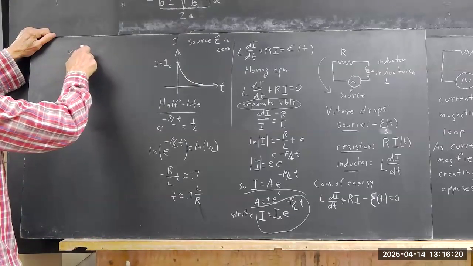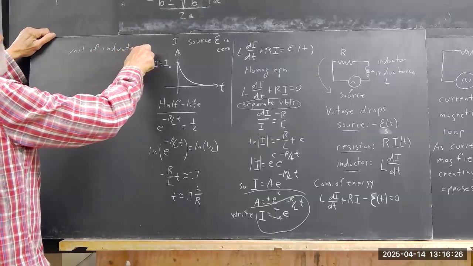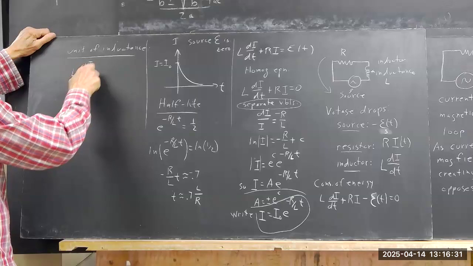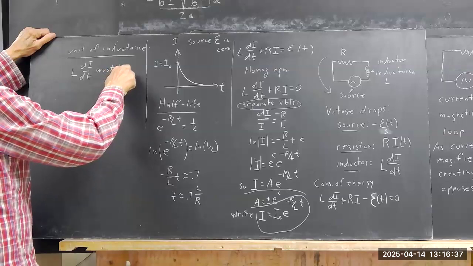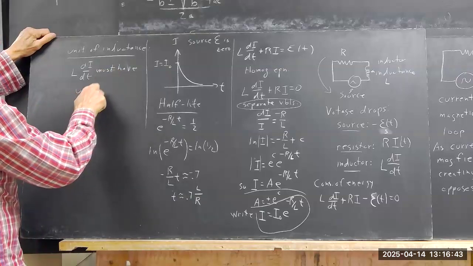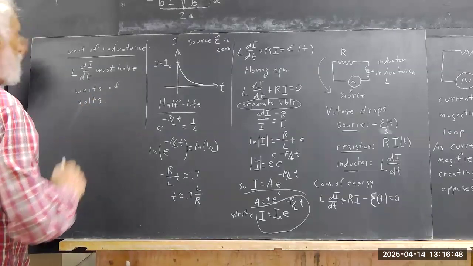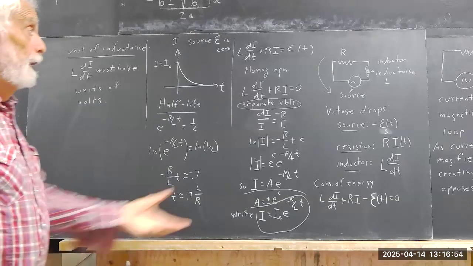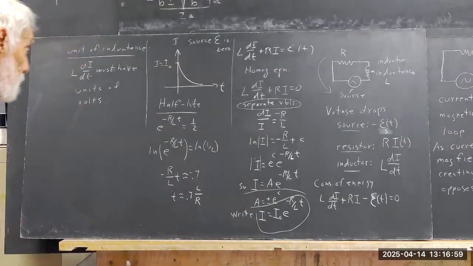Okay, so the unit of inductance. Well, L di dt must have units of volts, right? Because L di dt is the back EMF. EMF is in volts. Okay.